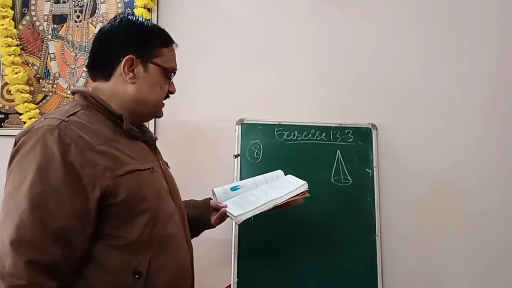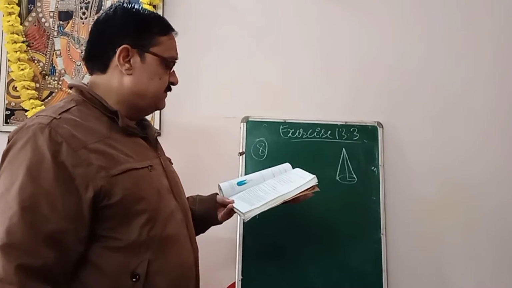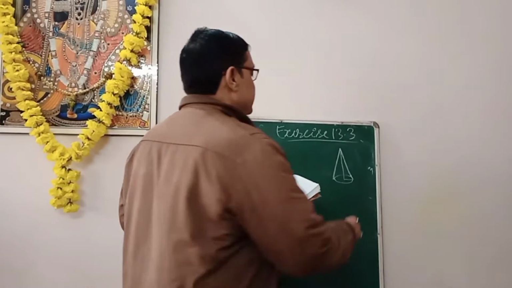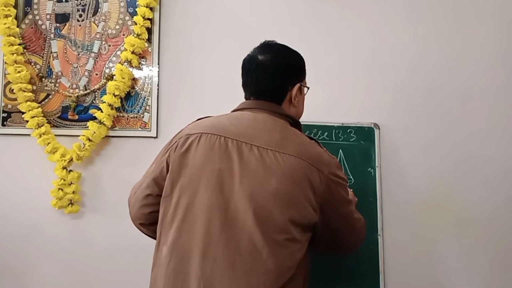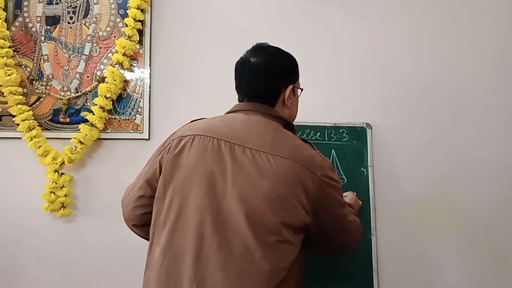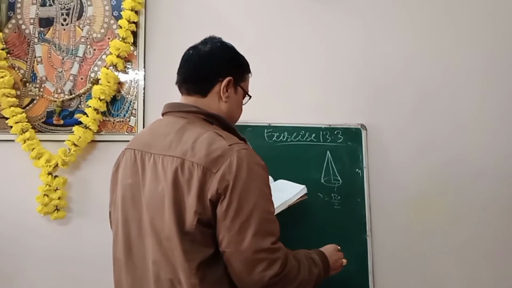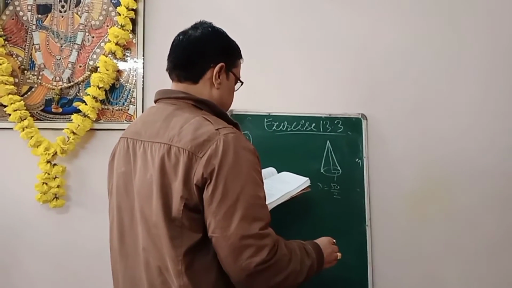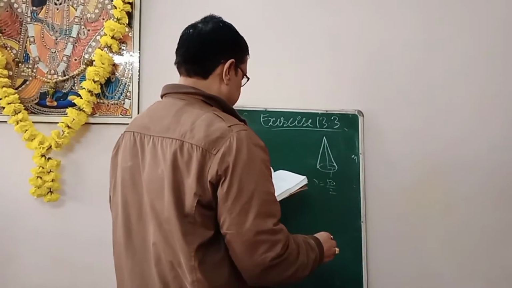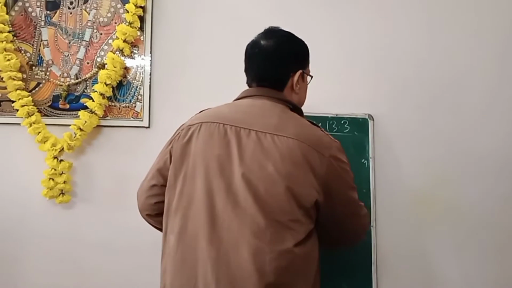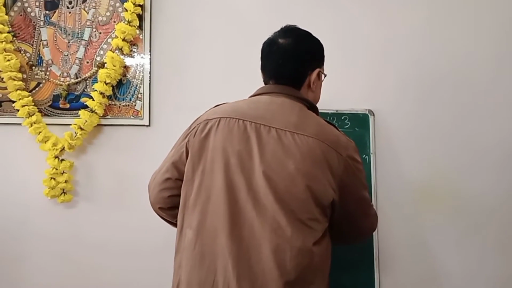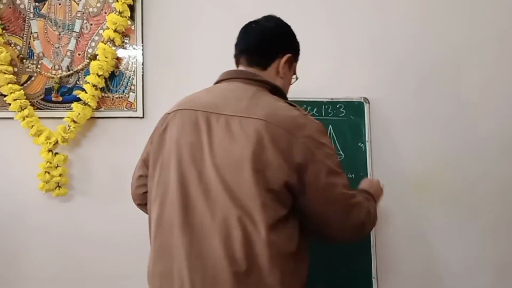It is given that 50 such cones are to be made and each cone has a base diameter of 40 centimeter. So R is equal to diameter divided by 2, 40 divided by 2 centimeter.